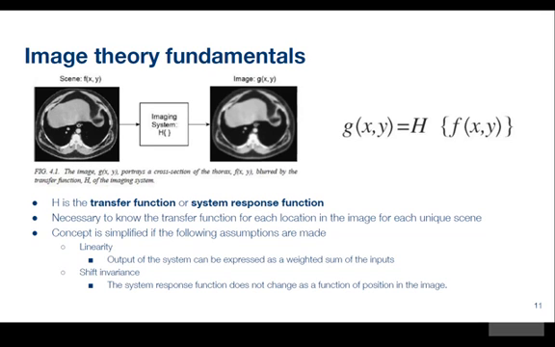So we have a scene that we're trying to image, and we acquire an image with some sort of imaging system, and this image gives us a representation of this scene.